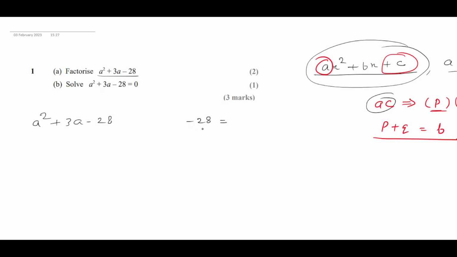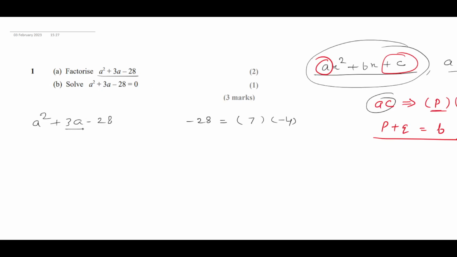Now as the product is negative, one factor should be positive and the other negative, so that the product is negative. So if you start with 2, you will find 2 and 14 as the factor, then 4 and 7 as the factor. Now 4 and 7, if you take 7 as positive and 4 as negative, your purpose is solved. You can see that 7 minus 4 gives me 3.